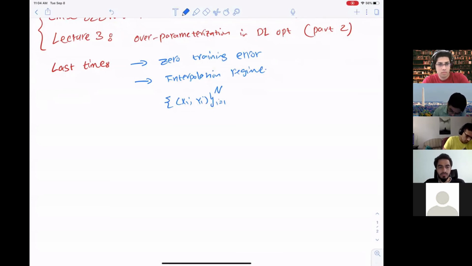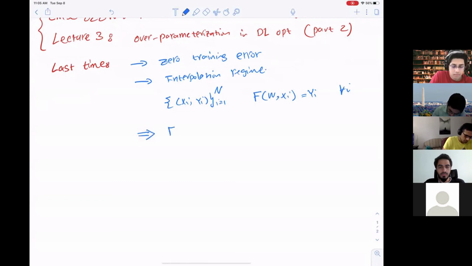So I want to learn a function f with parameters w such that if I apply this function over my input xi's, I would get my labels yi for all my training samples. So we abused a little bit of notation and wrote these systems of nonlinear equations like fw is equal to y.